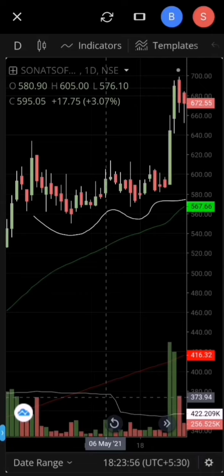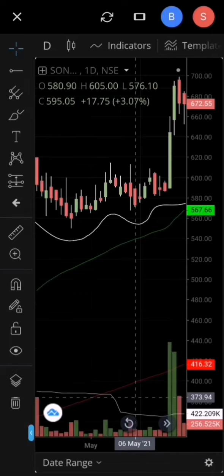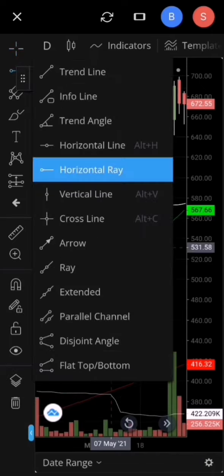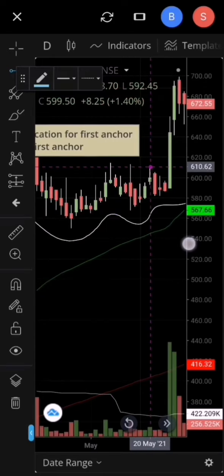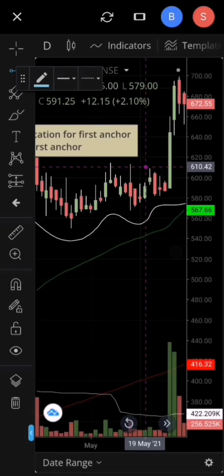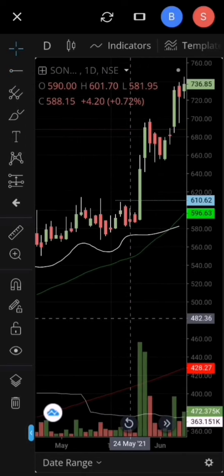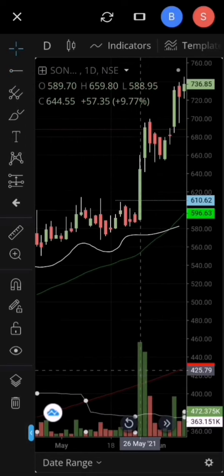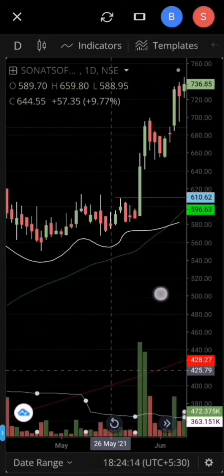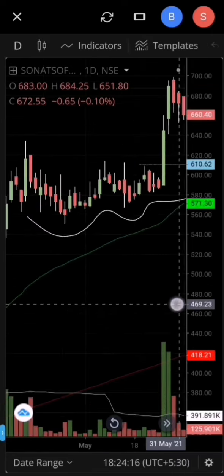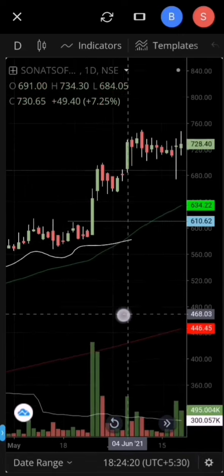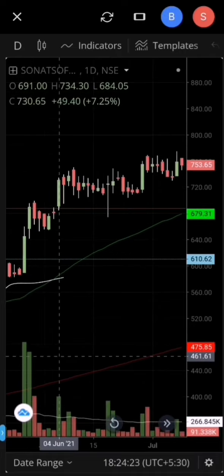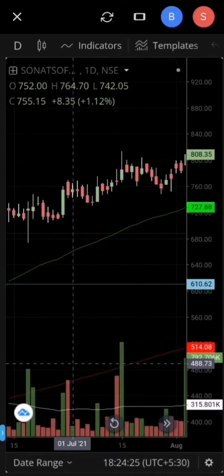However, as soon as the high of the previous contraction was taken out, you could see there was a blast in the volumes. There was a huge volume coming in on 26th May 2021, and the stock broke out of its volatility contraction pattern. And as you can see, this stock went up in a very rapid fashion.